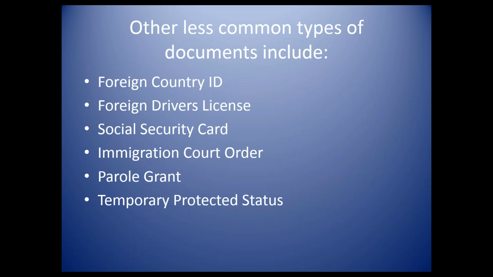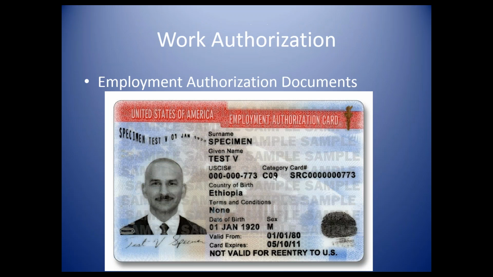But may I say one more thing? I'm sorry, I didn't mean to interrupt you, John. Something I've seen happen, though, is where an individual may be here, say as an international student, not terribly uncommon, and the spouse wants to work and is unable to work, and yet is working somewhere and is being paid illegally.